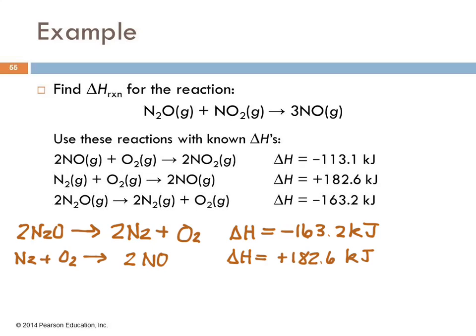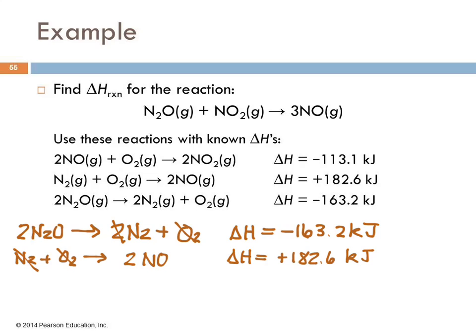Okay, so if we were just adding these two reactions, one of these nitrogens goes on to react with the oxygen to form this. And so this oxygen is that oxygen that reacts. And one of those nitrogens is this nitrogen that reacts.